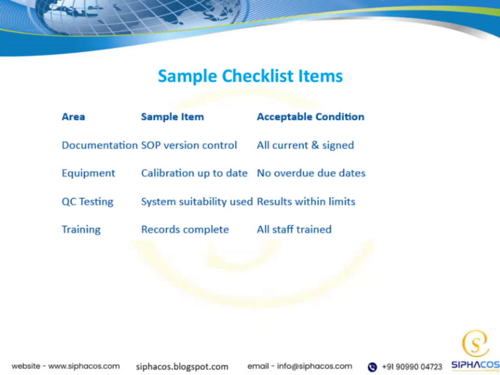Let's take a closer look at some sample checklist items. These are practical examples that can help us ensure we're covering all the essential aspects of our project. When creating a checklist, it's important to include key points that are specific, measurable, and actionable. For instance, verifying that all safety protocols are in place or confirming that team members have completed necessary training.